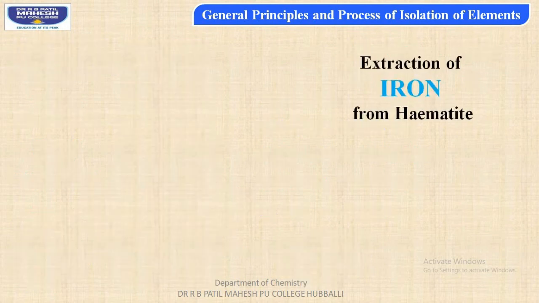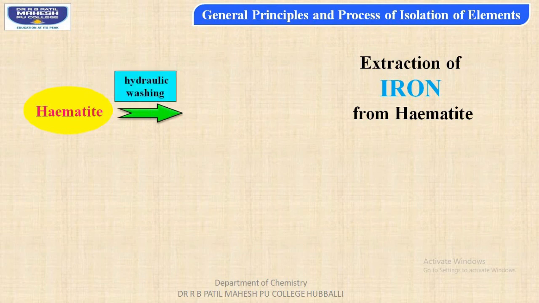And the next one, extraction of iron from the hematite ore. We can have a brief summary of the whole sequence of steps involved, right from the first one, hematite ore, which is concentrated by hydraulic washing.